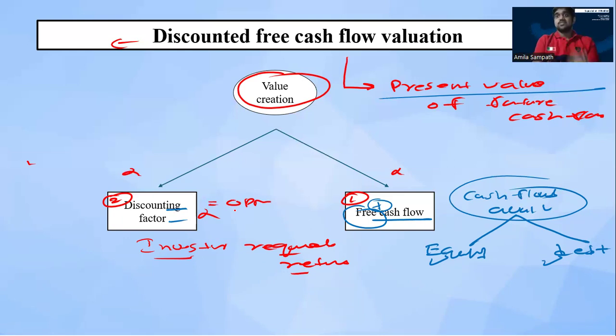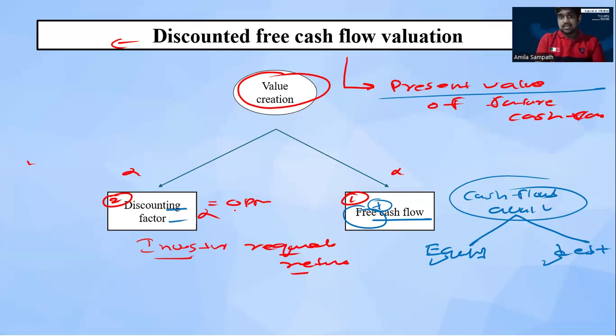This value is for our investors, our equity shareholders and the debt holders. Therefore, we need to use their required rate, which is their investment risk associated.